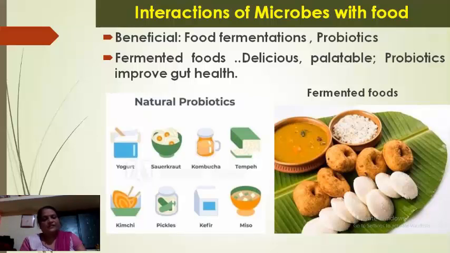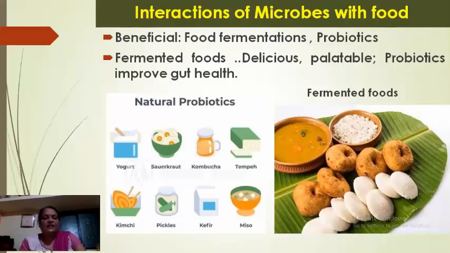Food fermentations means the fermentations carried out to get more delicious or palatable food products. The examples are curd, breads, idli, dhokla, these things. And the probiotics are used to improve the gut health. The examples of probiotics are yogurt, sauerkraut, kombucha, tempeh, kimchi, pickles, kefir and muesli.